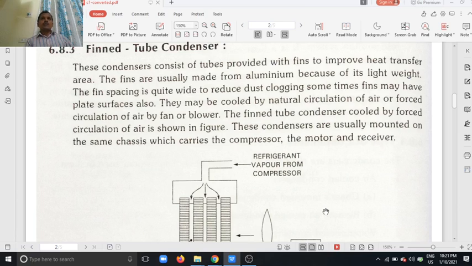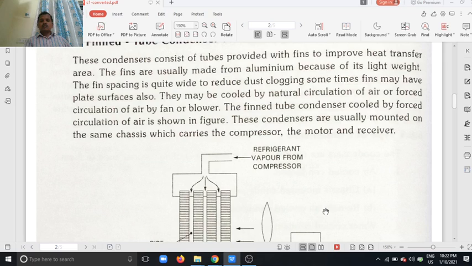Whenever the area increases, more area is in contact with the surface, and more heat is dissipated from the tube. So the heat from the refrigerant is dissipated to the tube, and from the tube, the heat is dissipated to the air. That is the principle of the finned tube.